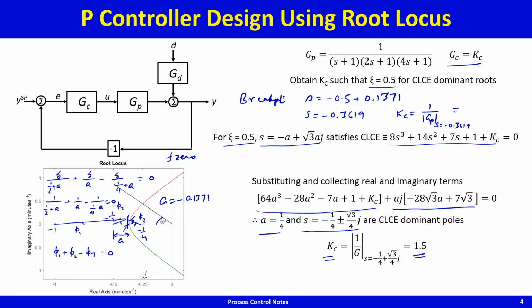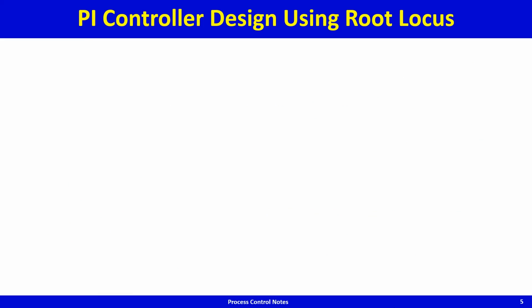Now let's go to the next part of the problem. We are not happy with the P controller because it gives offset for a constant set point. So we say, okay, we'll do a PI controller.